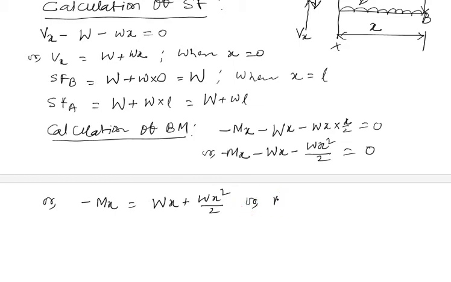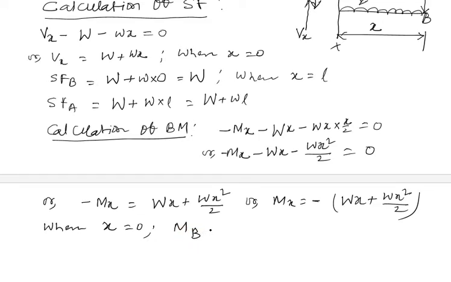Or Mx is equal to minus Wx plus wx square by 2. Now when x is equal to 0, bending moment at B is equal to minus W into 0 plus w into 0 whole square by 2, equal to 0.